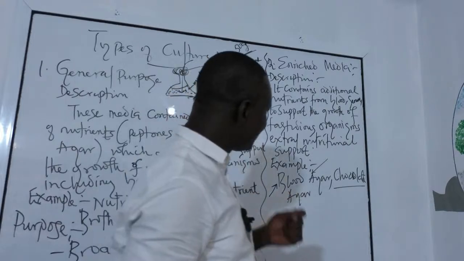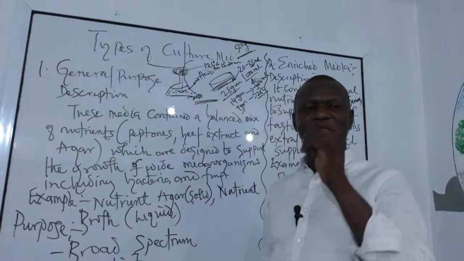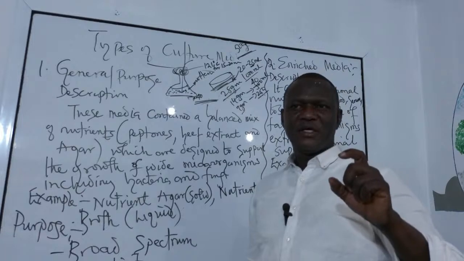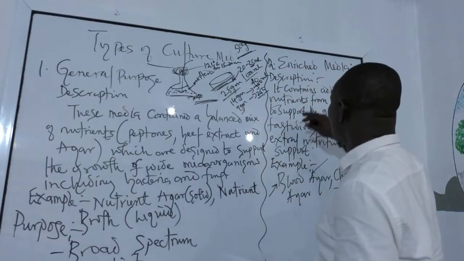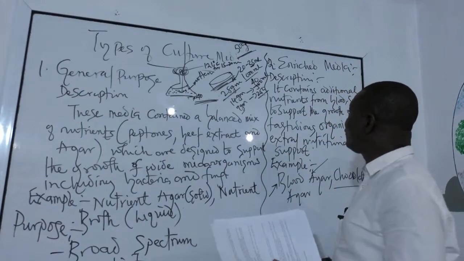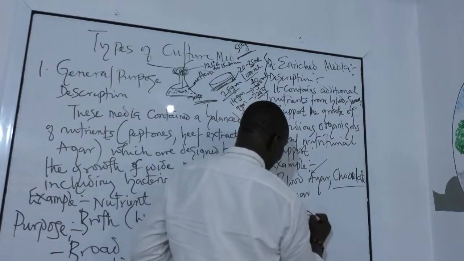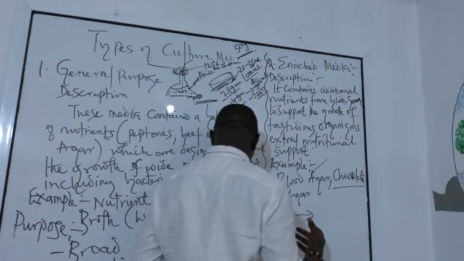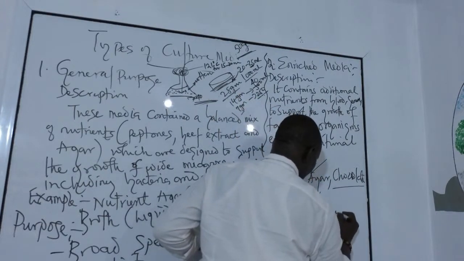Now the question is, what are they looking for? What are the basic interests that microorganisms have so that they want to consume blood? Don't forget that inside the blood, we have an iron-loving molecule which is called hemoglobin.